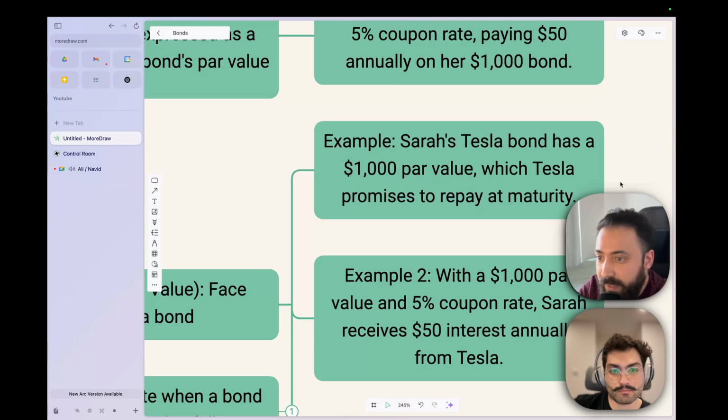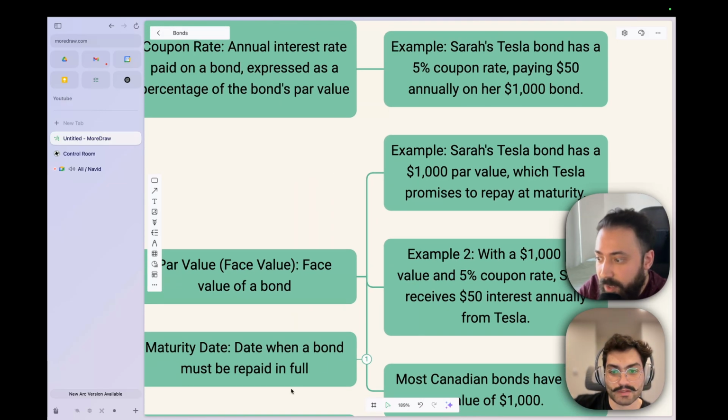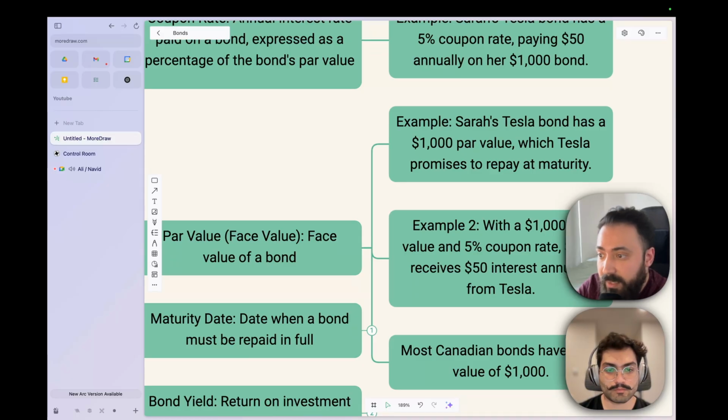We don't know what maturity is yet, we will see it in upcoming sections. But for now, we know that the par value is something you need to consider when buying the bond.